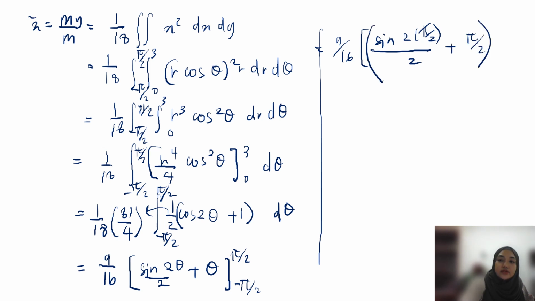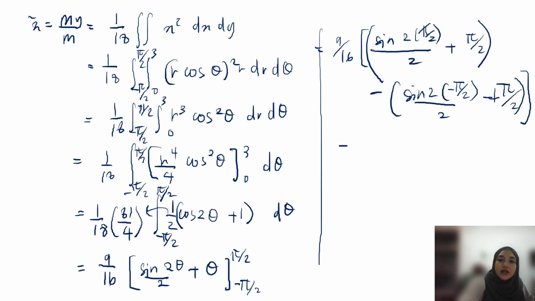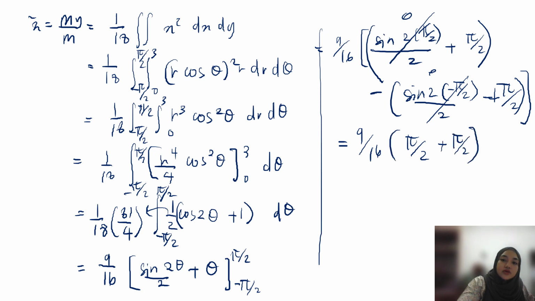This is for the first part, minus sine 2 times negative pi over 2, minus positive pi over 2. After you simplify, this one is 0, this one also 0. 9 over 16 times pi over 2, plus pi over 2. You check this one, then you will get pi. So 9 over 16 pi.